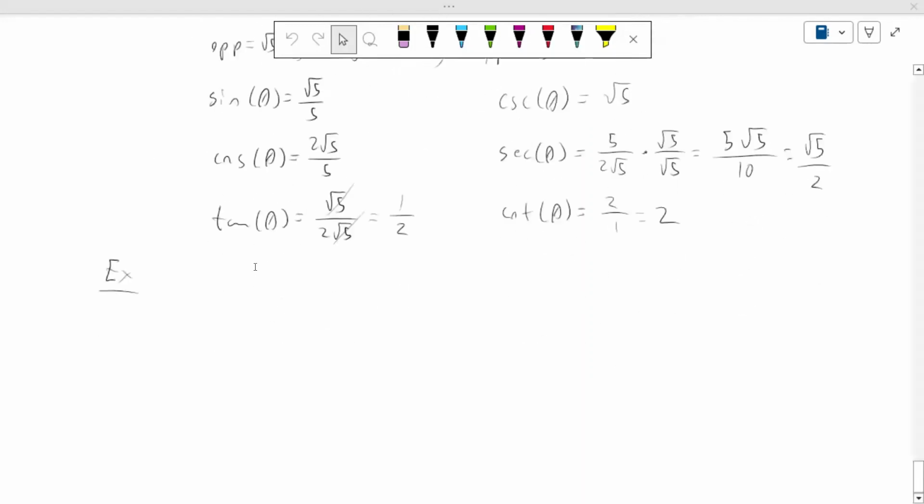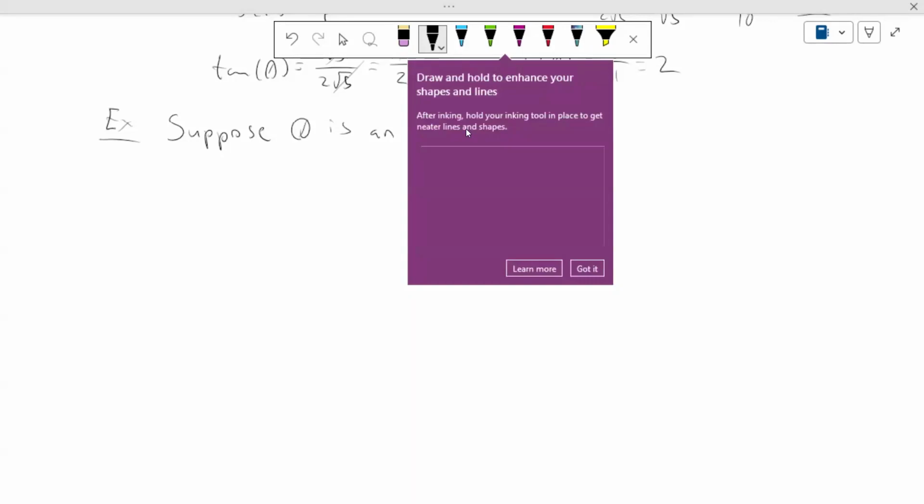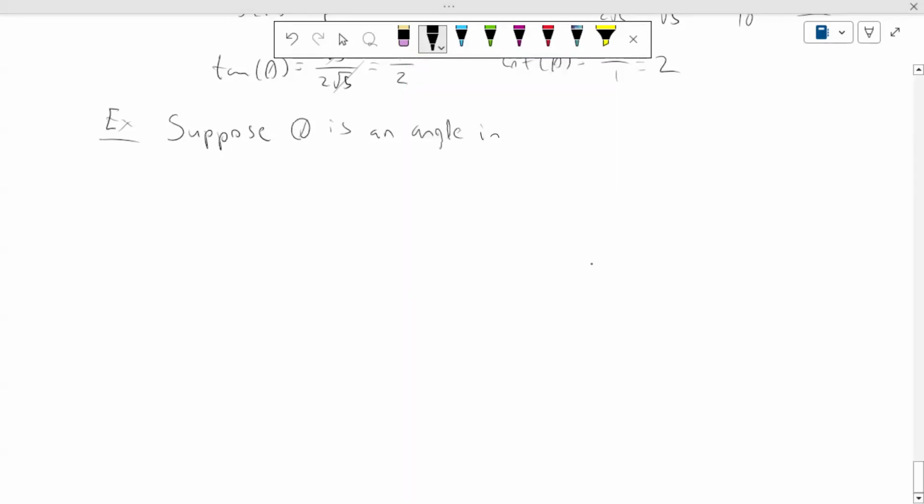Okay. So in this example, let's suppose we have, I think I write better when this is flat on the table here. So let's see. Suppose theta is an angle in a right triangle, and that tangent of theta is equal to square root of 5.